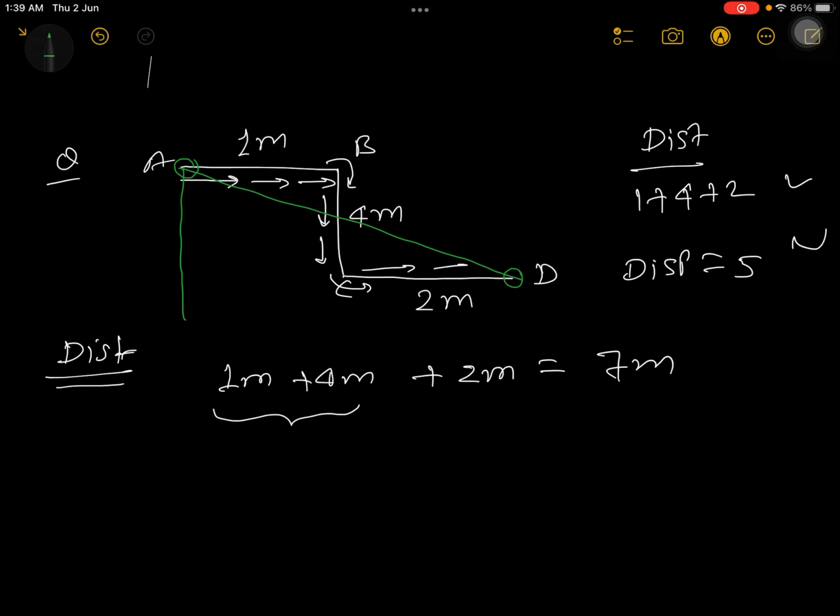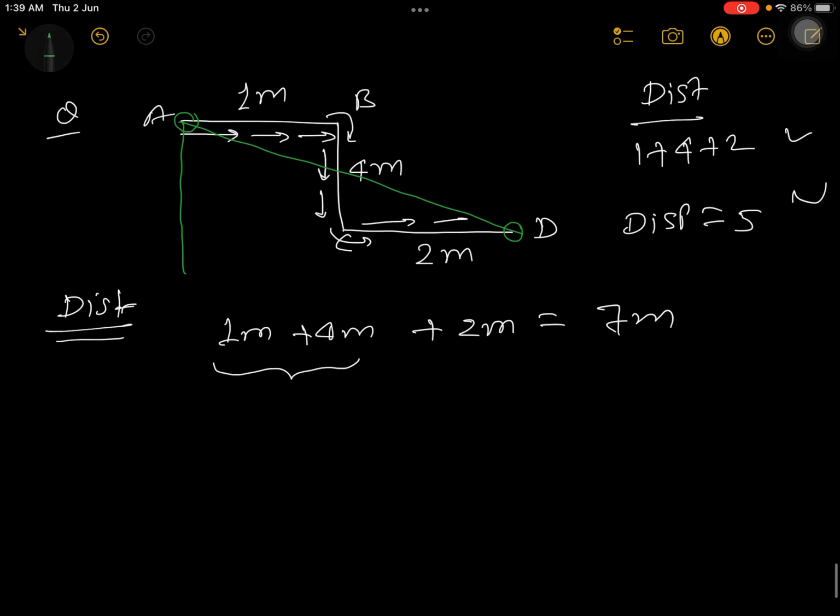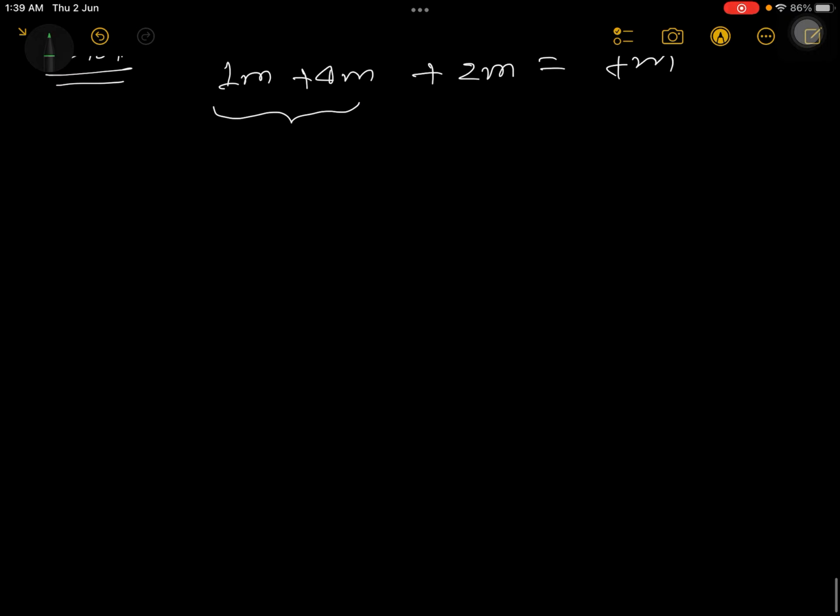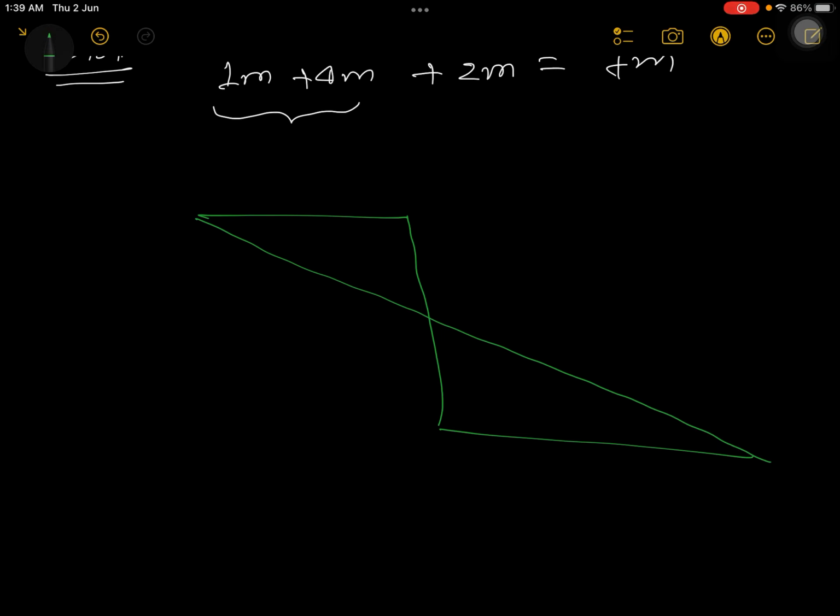So see here, if you go with the help of geometry, suppose this total is 1 meter, this total was 4 meter, and this total is 2 meter.